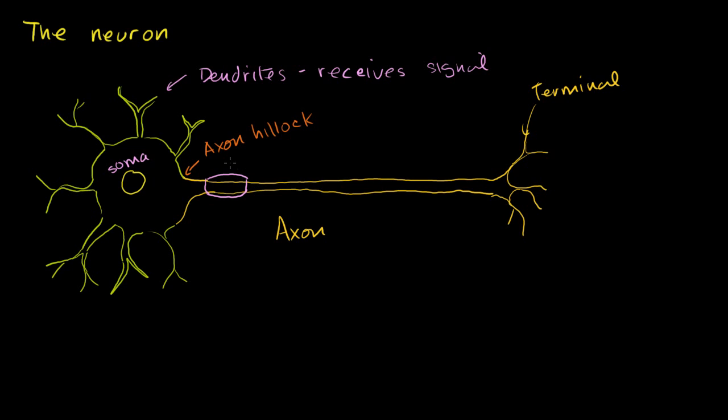So these are called Schwann cells, and they make up the myelin sheath. So this covering, this insulation at different intervals around the axon, this is called the myelin sheath. So Schwann cells make up the myelin sheath. I'll do one more just like that. So I'll say Schwann cells or myelin sheath.